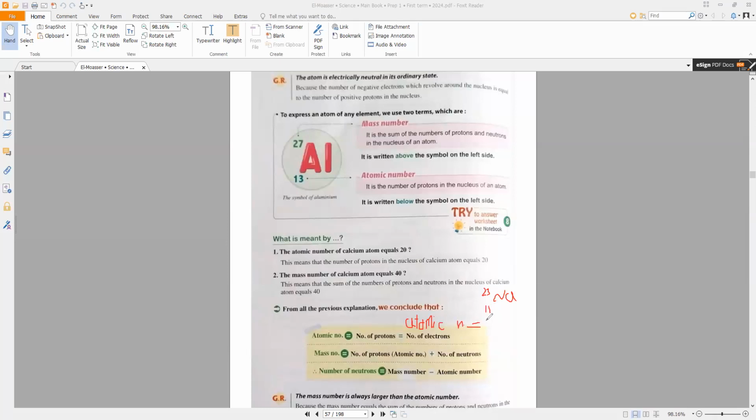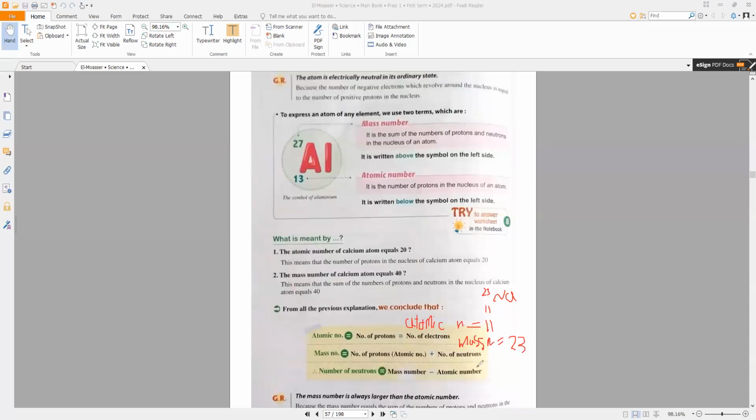So the atomic number of sodium is 11. Another question: I want to calculate the mass number. The mass number equals the number that is written above the symbol. So the mass number of sodium is 23.